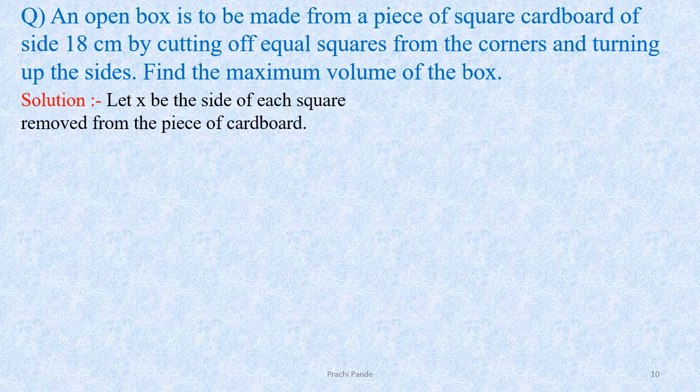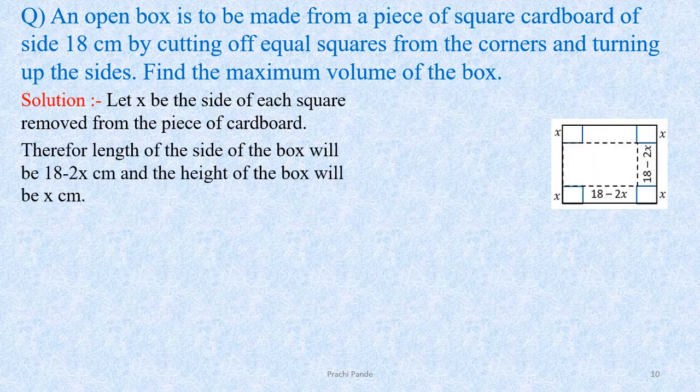So let x be the side of each square removed from the piece of cardboard. Therefore, the length of the side of the box will be 18 minus 2x centimeter and the height of the box will be x centimeter. Therefore, the volume of the box is equal to area of base into height.